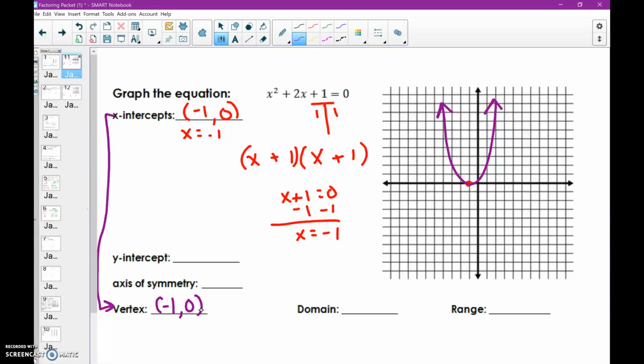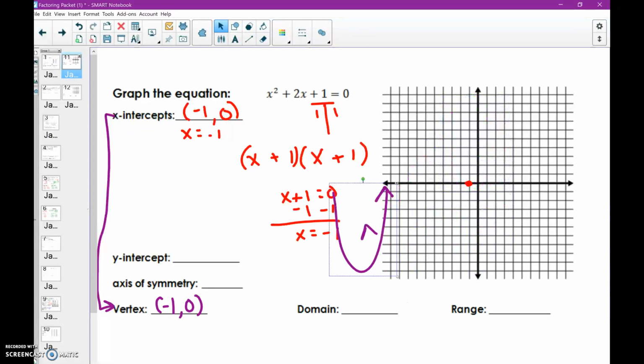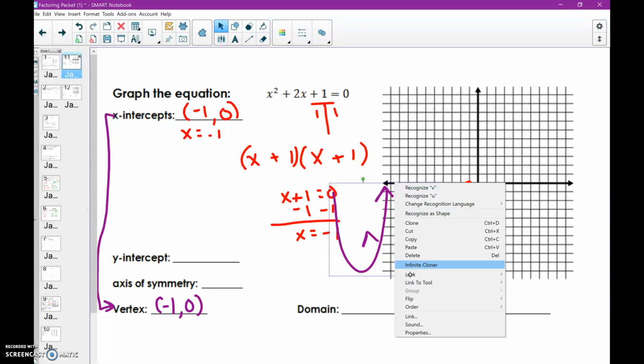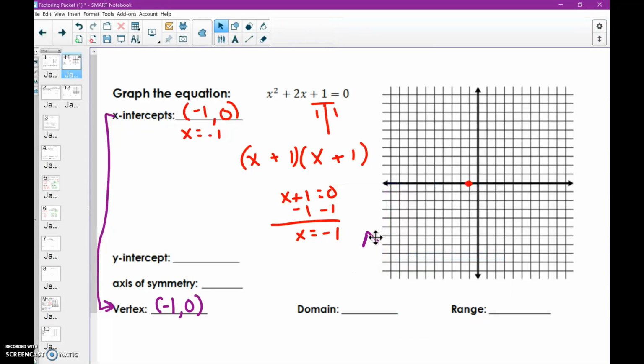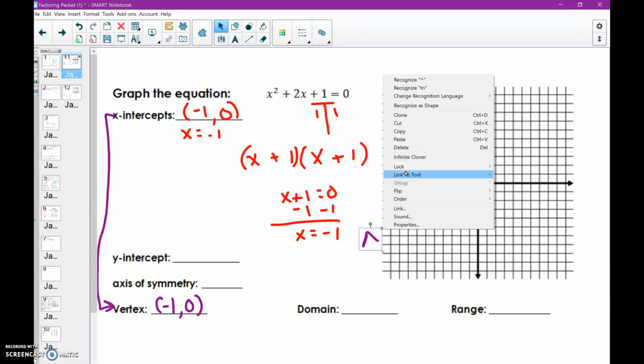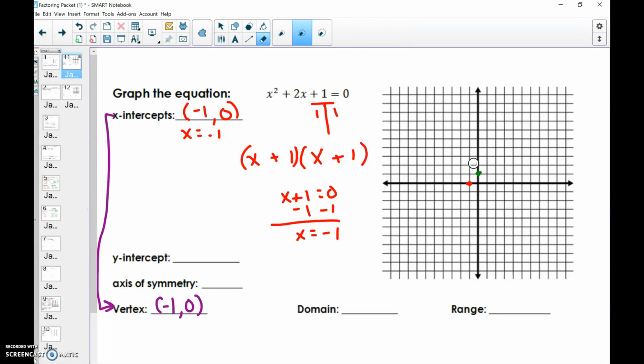This is one of those special cases. It doesn't happen a ton, and you may not necessarily see it on a quiz for a while. We like to throw those in there just so you can see what those special cases would look like. Alright, so now we're going to progress to the next part.